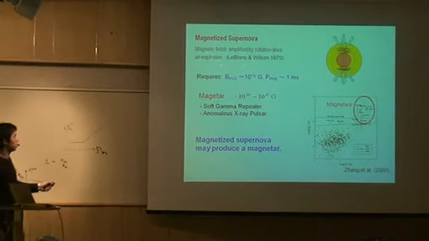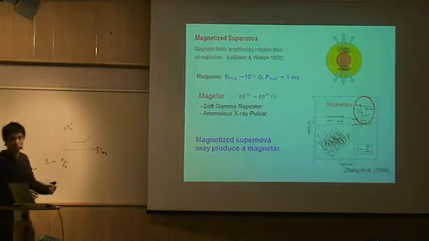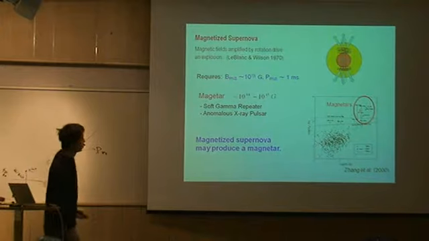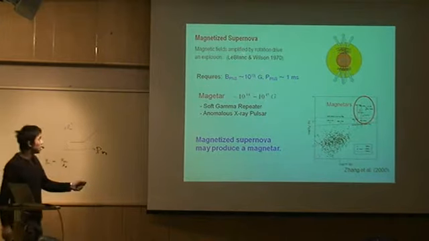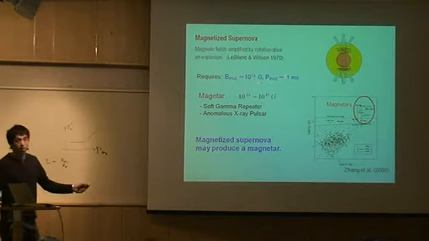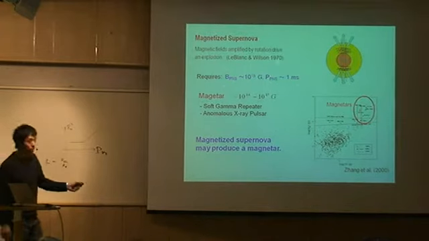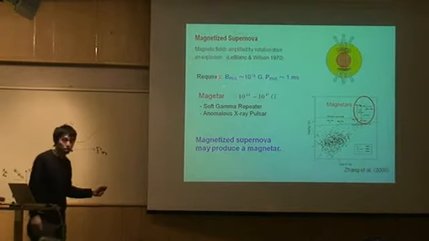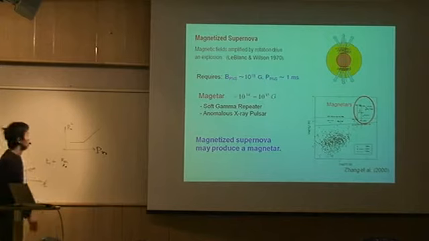This was first studied by Grant and Wilson about 40 years ago. This mechanism requires very strong magnetic field and rotation with values like this. Here, PNS stands for protoneutron star.